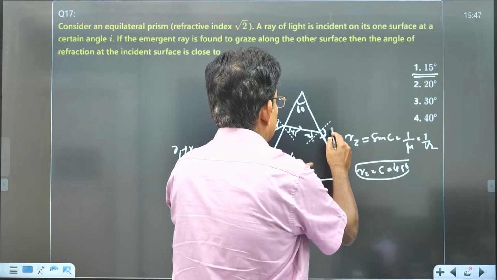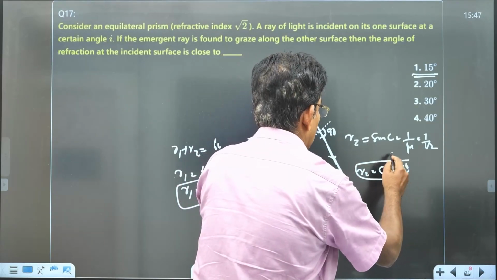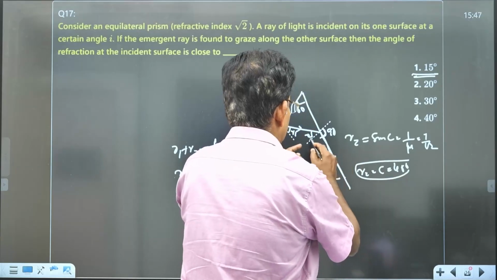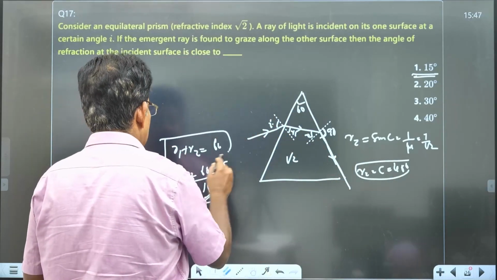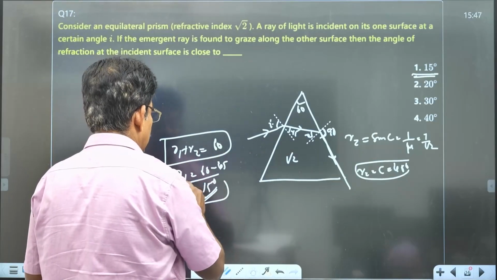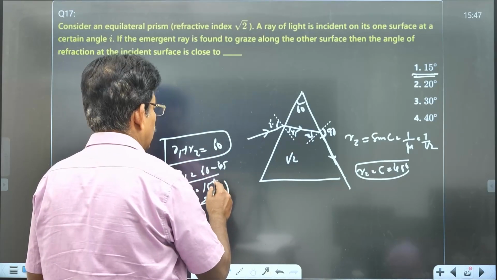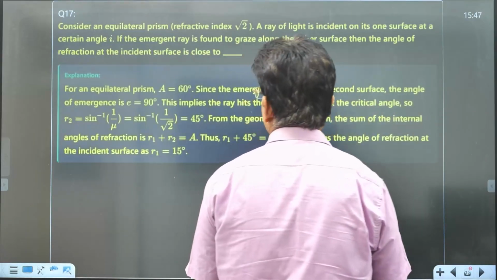That means this is 90 degree, so this is the critical angle. Critical angle we got as 45 degree. Critical angle is your R2. And for a prism, R1 plus R2 is equal to A. Here A is 60 degree. R1 plus R2 is 60 degree. R1 is equal to 60 minus 45, that is 15 degree. So easy calculation. We go to the next question.